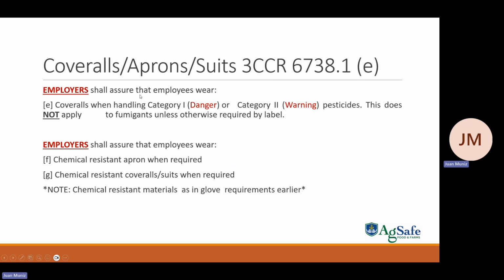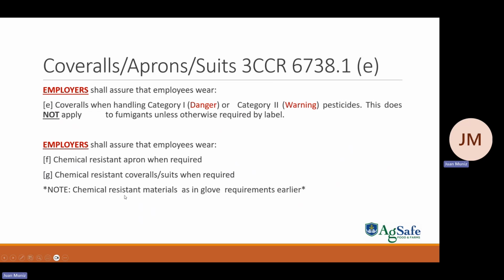Employers shall assure that employees wear coveralls when handling Category 1 or signal word danger, or Category 2 with signal word warning, pesticides. This does not apply to fumigants unless otherwise required by the label. Employers shall assure that employees wear chemical-resistant apron when required and chemical-resistant coveralls or suits when required.